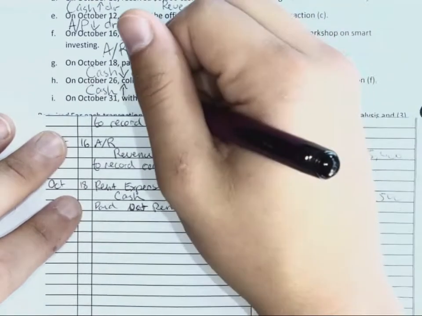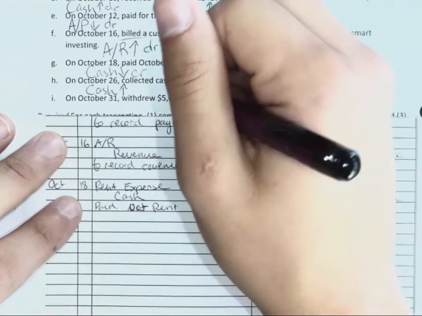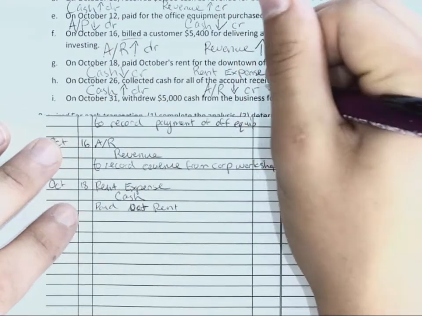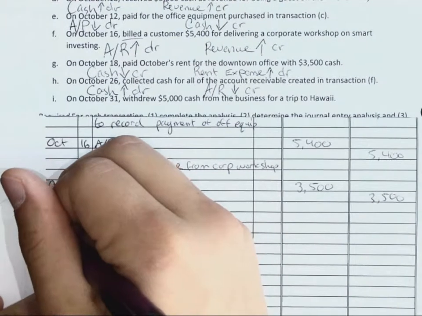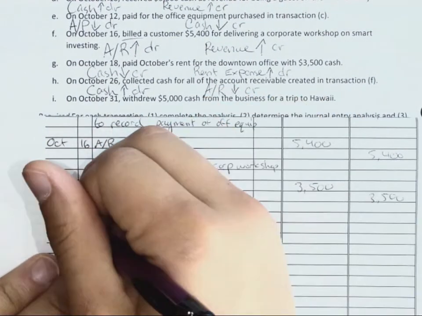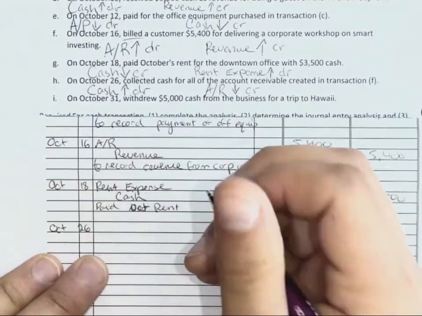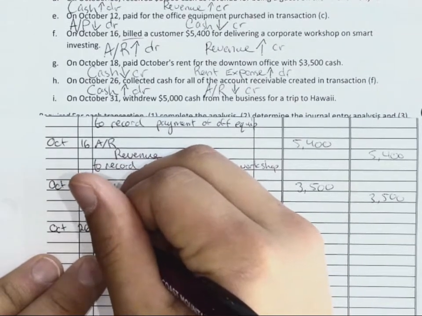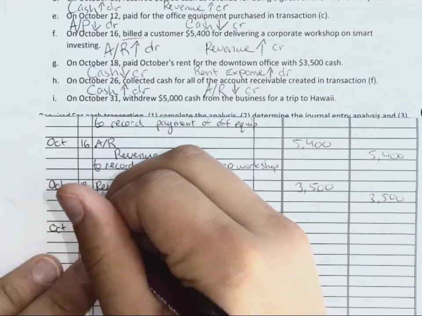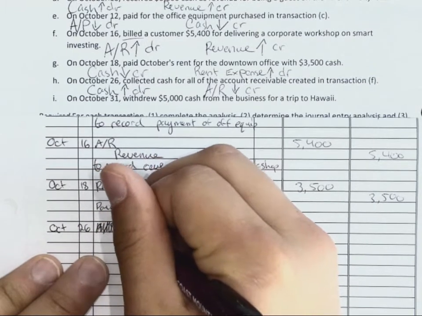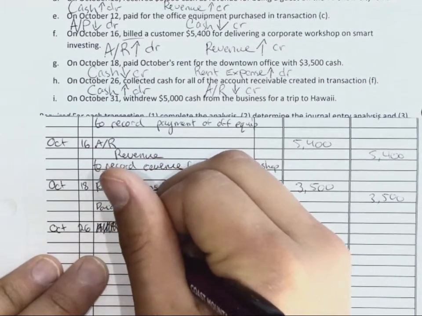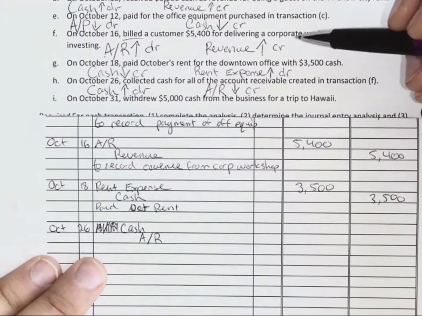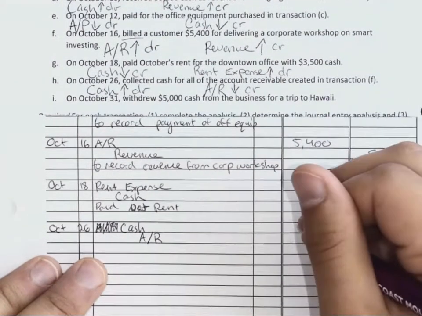So they're both what type of account? Assets. And debit makes assets go up and credit makes assets go down. The amount was from F, it was for 5,400.